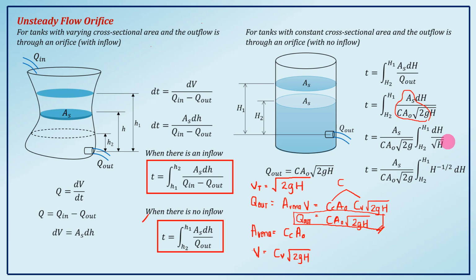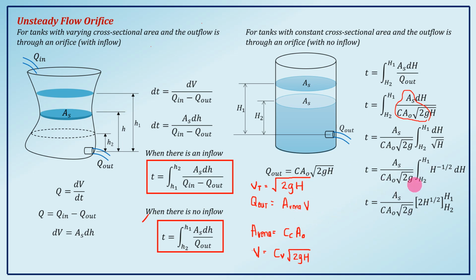Then we simply integrate: H raised to negative 1/2 plus 1, divided by negative 1/2 plus 1. To simplify, negative 1/2 plus 1/2 is 1/2, so we have H raised to 1/2, and the denominator is also 1/2. Since the 2 is in the denominator, it goes up, so we have 2H raised to 1/2. The integral sign disappears and we are left with the limits on the side. I will erase this derivation for the Q out.